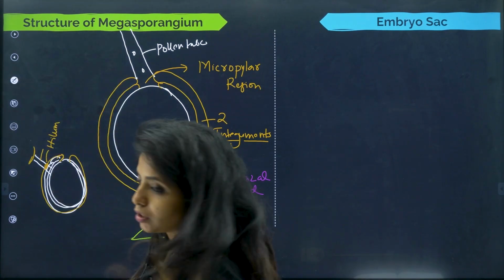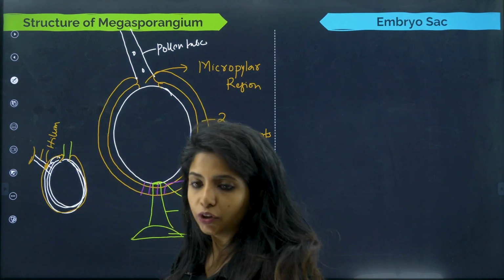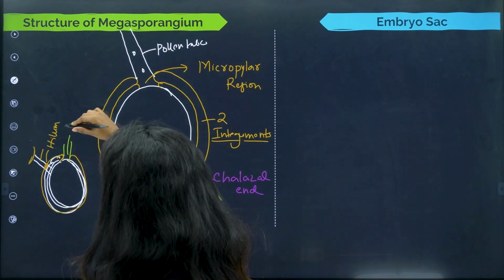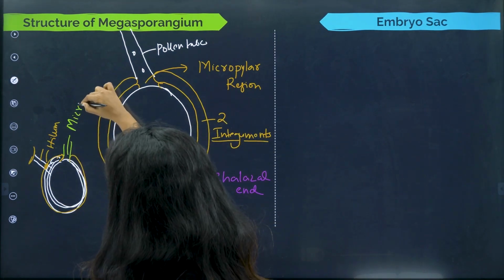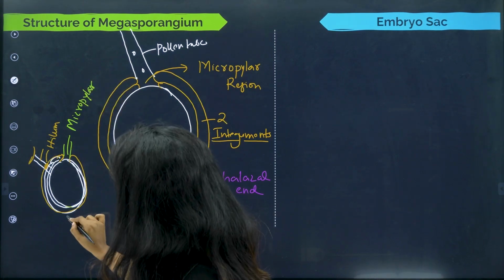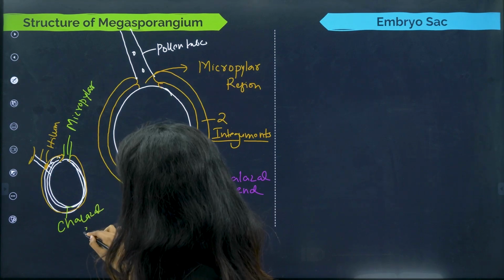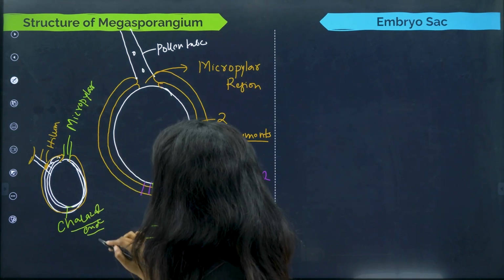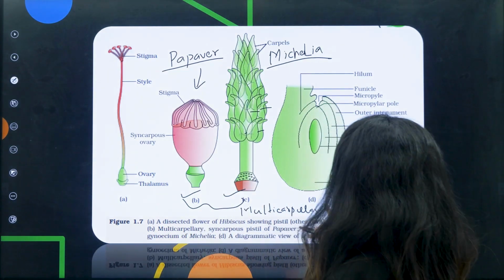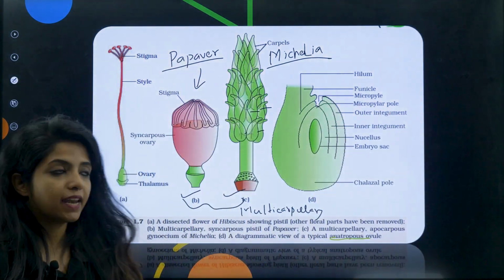Where is the chalazal end, children? You only tell me. If this is the opening for the pollen tube to attach, then this has to be the micropylar end. So, the area opposite to it will be the chalazal end. And there is a condition like this, and it has a name. What do you call it?